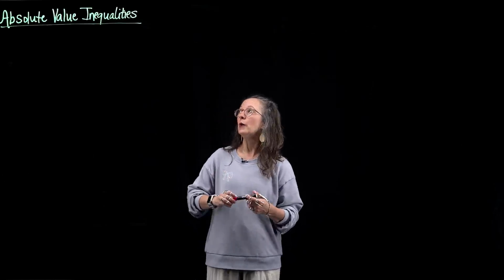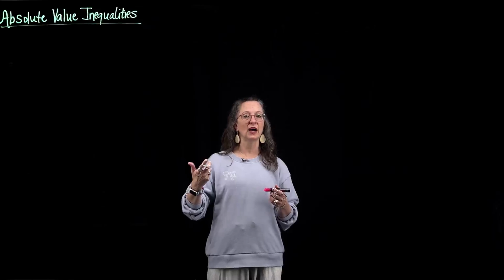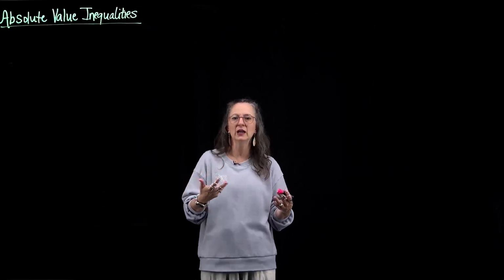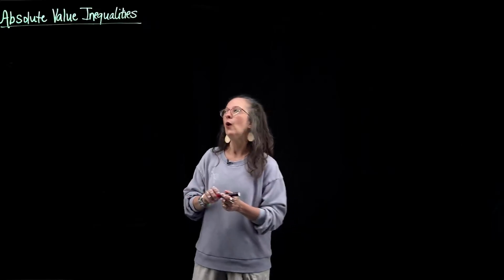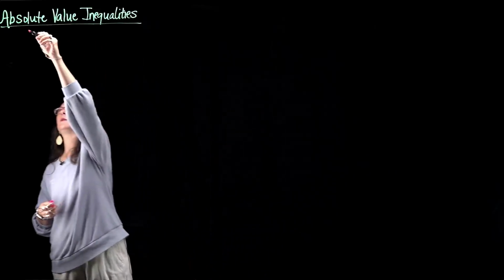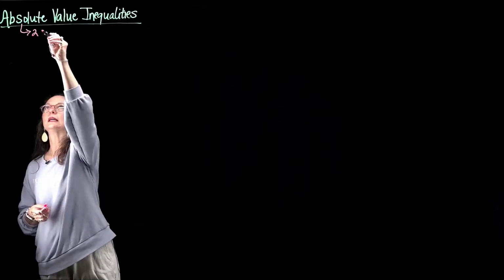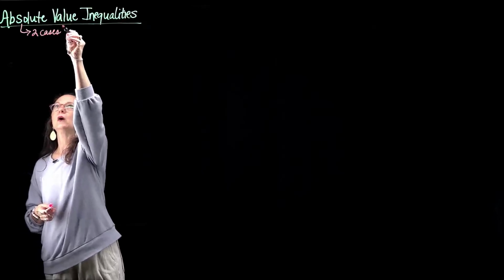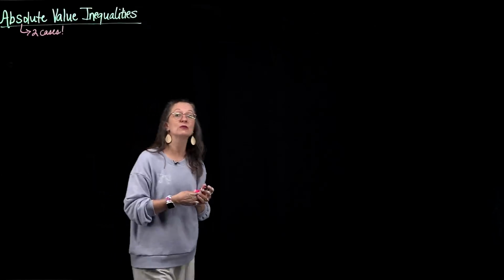All right, so remember when we are solving using an absolute value, we are always going to end up with two cases. That's how we break up that absolute value.